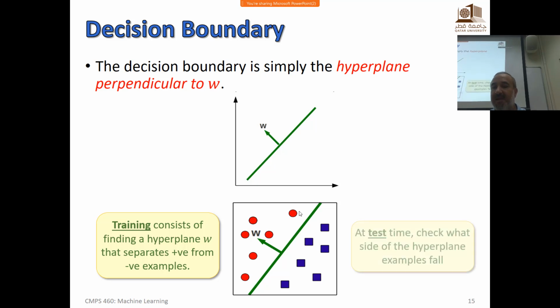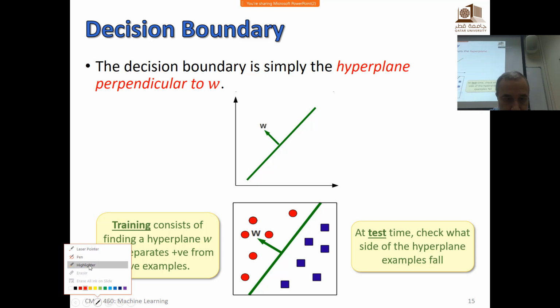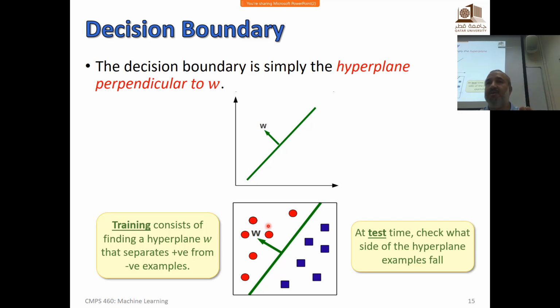What happens in testing? Now we have a trained model. Let's say that we have a point here. We check, with the dot product, is it in the direction of the weight vector? If it is, then it is predicted as positive.